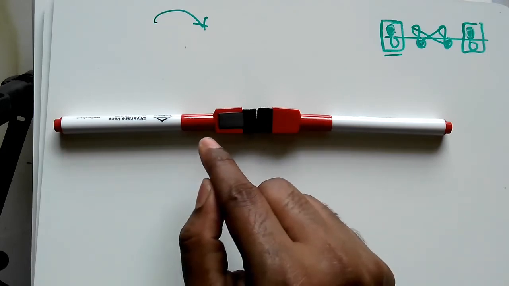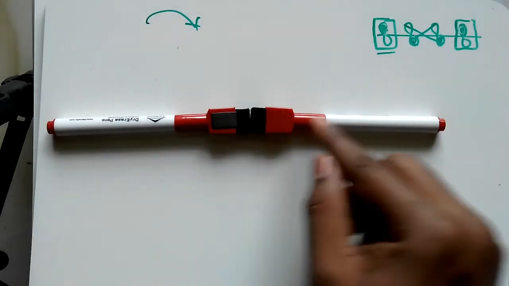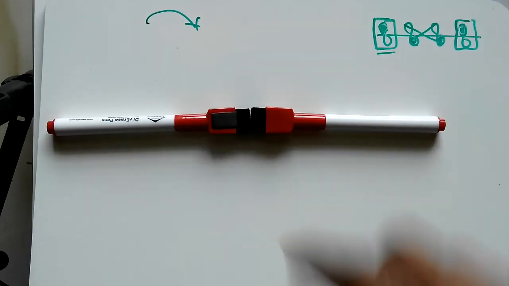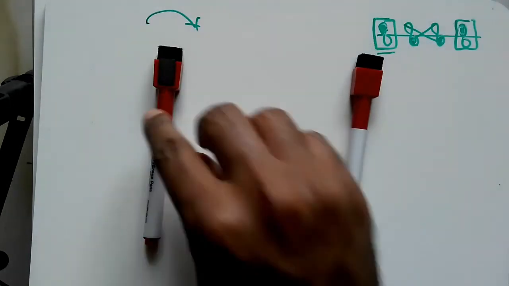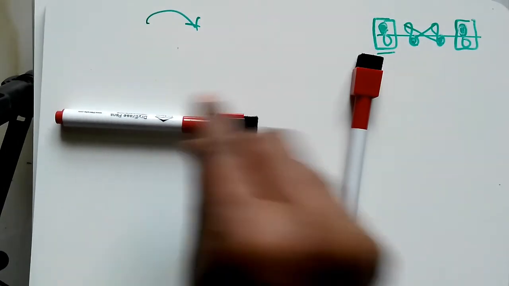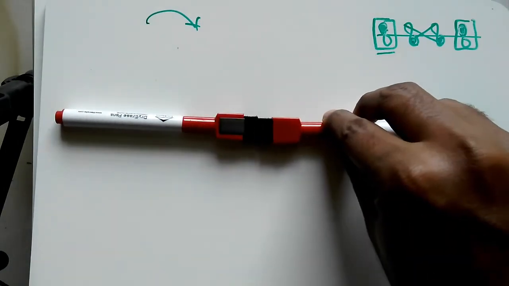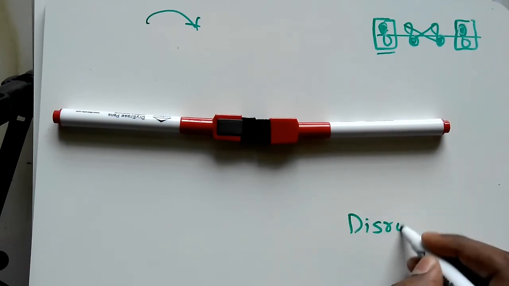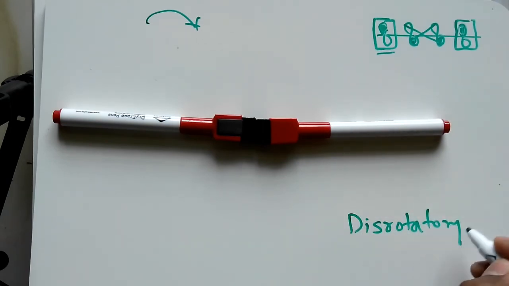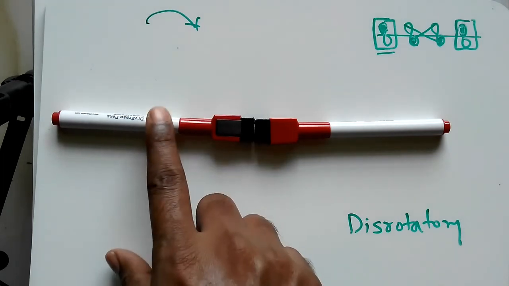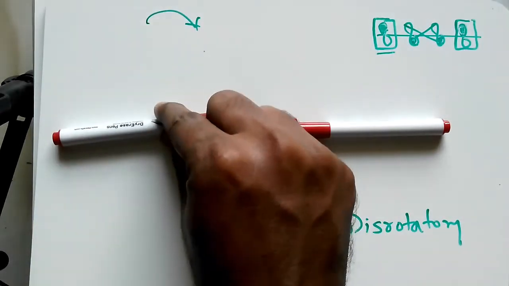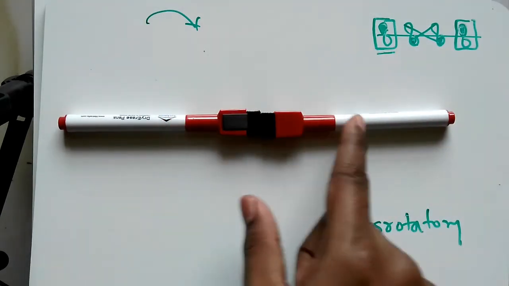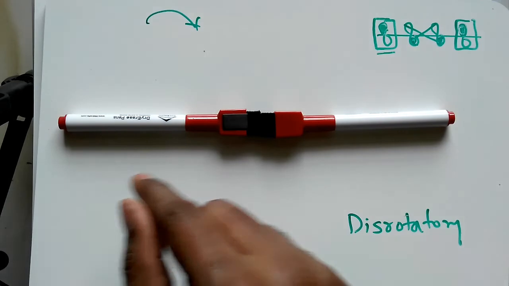Now they will form a bond, and once they form a bond, the reaction is complete. So this part is moving clockwise and this is moving anti-clockwise. This is the disrotatory motion, because this one was moving clockwise and this one was moving anti-clockwise. Once their directions are opposite, they are disrotatory.